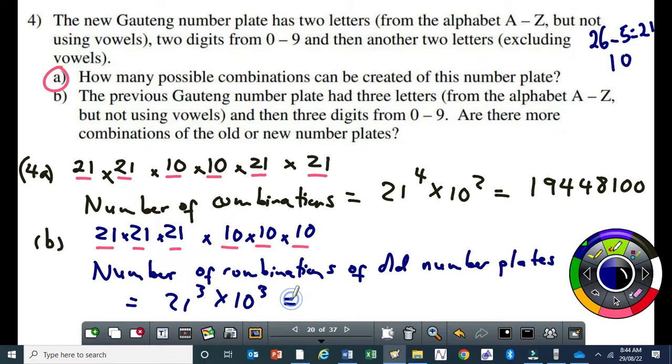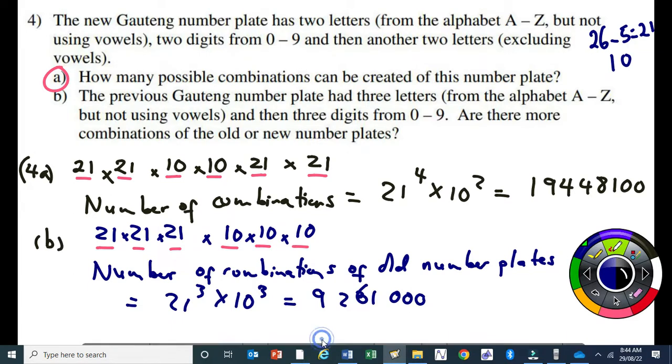What answer do you get? 9,261,000. So what conclusion can you make here?